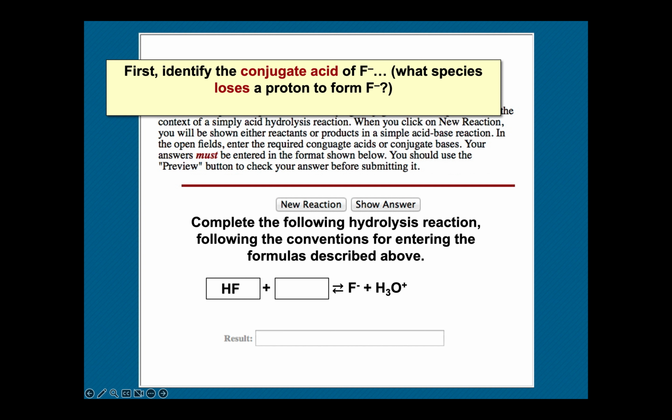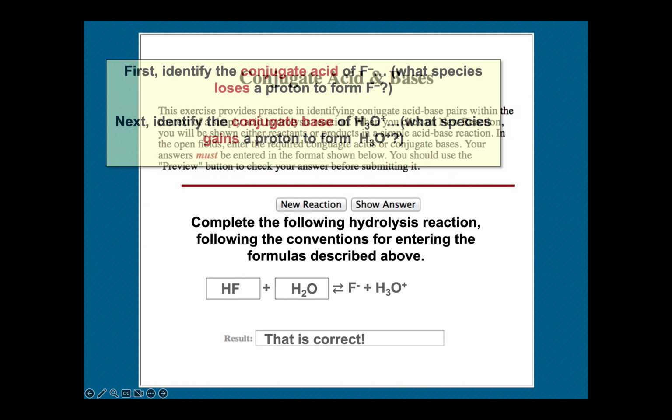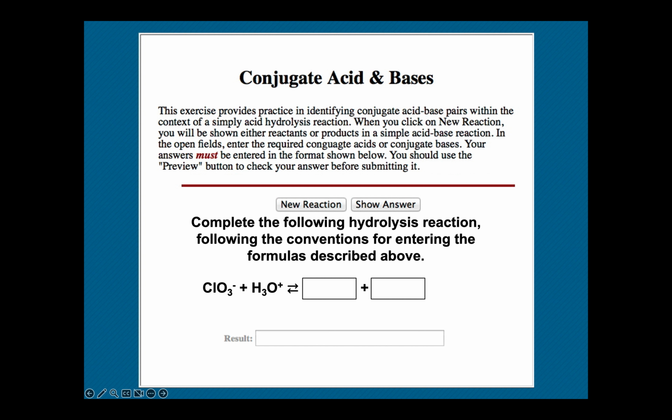Over here we have hydronium. What accepts a proton to form hydronium? Water. That's it. Do another. Here we're given reactants.